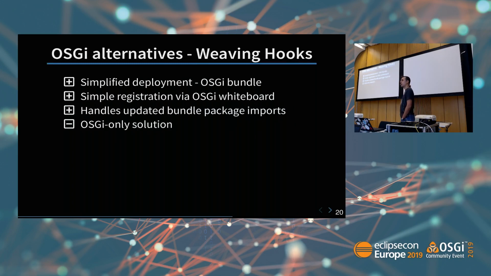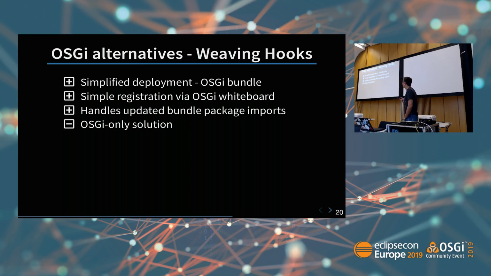I've been talking a bit before to look into if your platform actually has a mechanism for doing this, and apparently OSGi does, right? You have weaving hooks, which more or less allow you to do the same thing that Java agents allow you to do, but nicer. You deploy your weaving hooks as an OSGi bundle. You register them using the whiteboard, so you can use declarative services or whatever you're happy with.